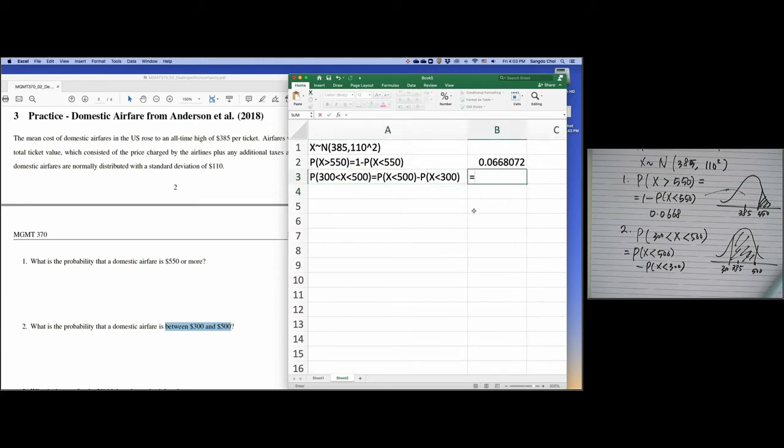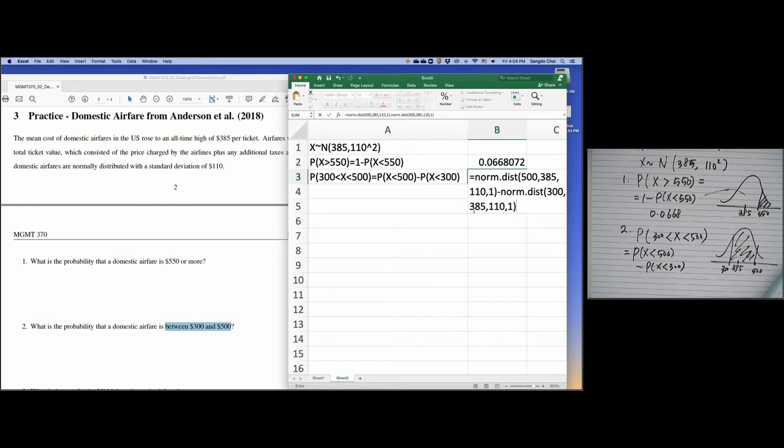Then you can write first norm.dist: the right side number 500, mean 385, standard deviation 110, and cumulative, minus again norm.dist: left side number 300, mean value 385, standard deviation 110, cumulative. So you can type these two norm.dist functions.